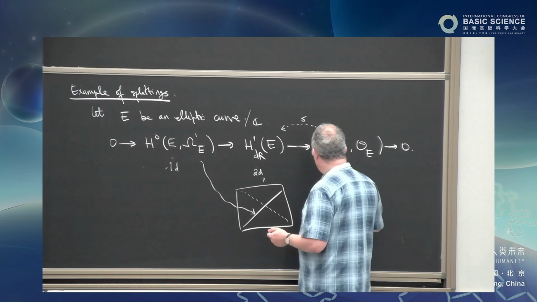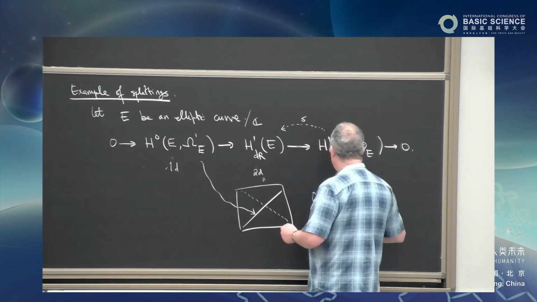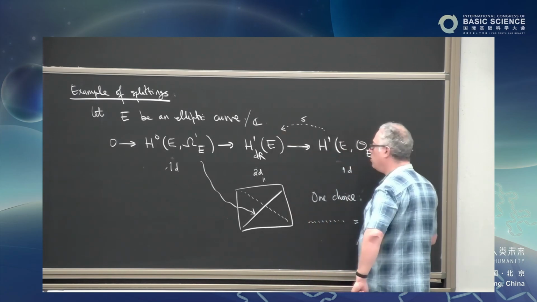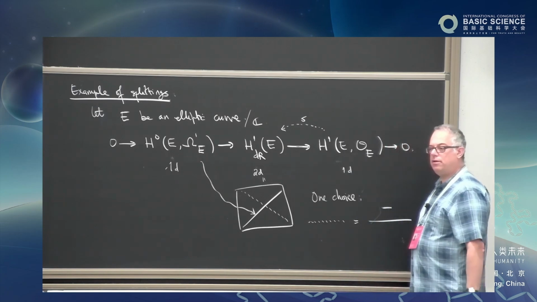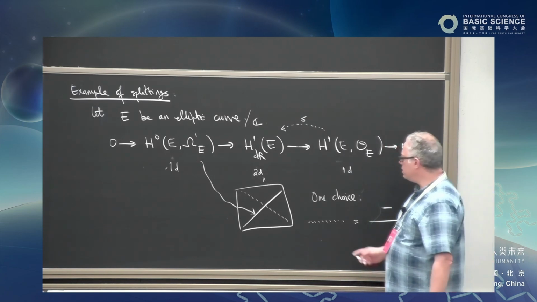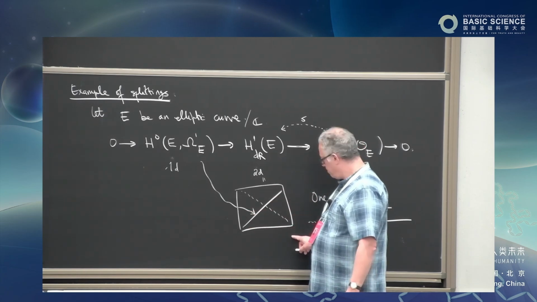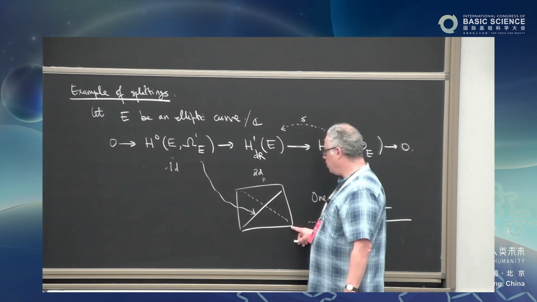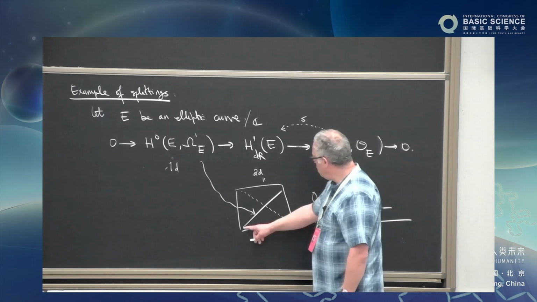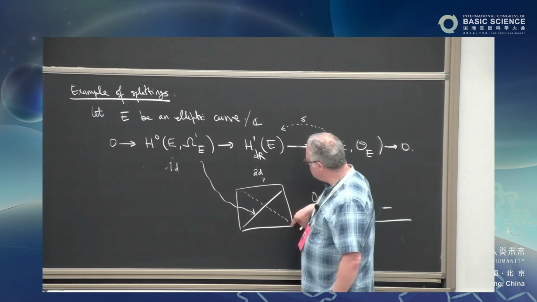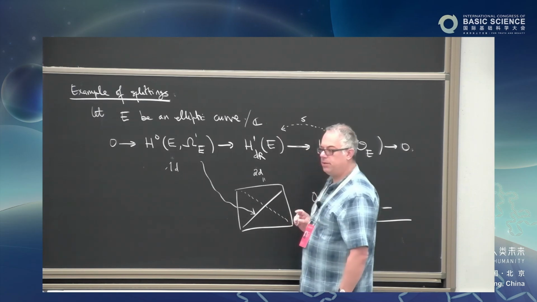So one choice is to make this dotted line, the image of this, the complex conjugate of the straight line. Because these spaces, when you work over the complex numbers, are complex vector spaces, they have a concept of conjugation. You can take the complex conjugate of this line, it's another line, and take that to be the image of the splitting.